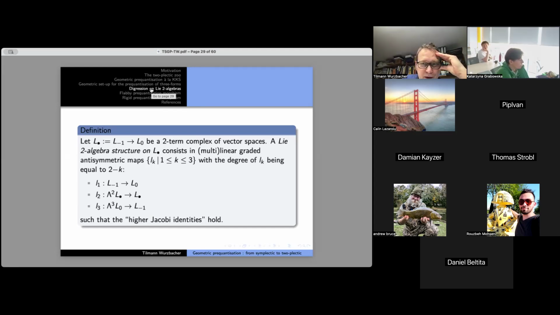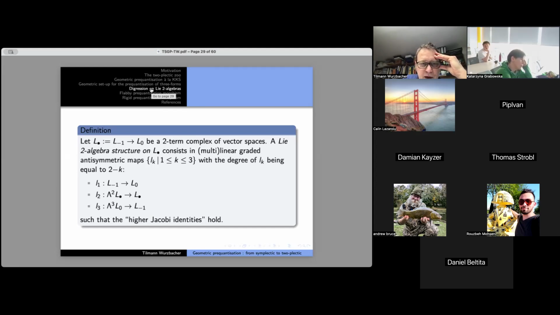A Lie two-algebra on this complex is a collection of three multilinear maps, which have a degree, because the terms come with a degree. And so we have L1, which is just defining this complex.